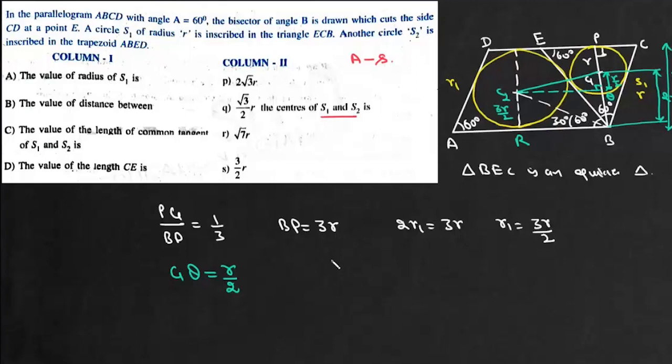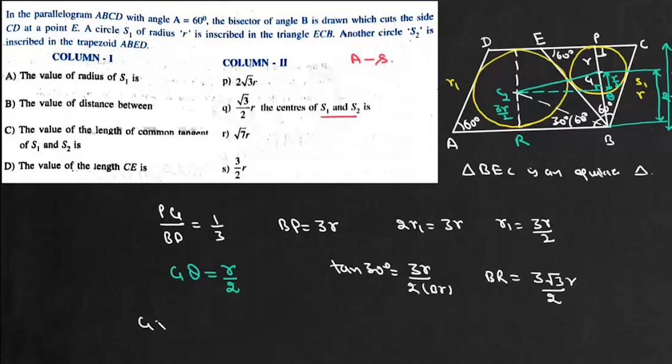Then we can write tan 30 is 3R by 2 into BR, or BR will be 3√3 R by 2. Now BR is the same as C2Q.